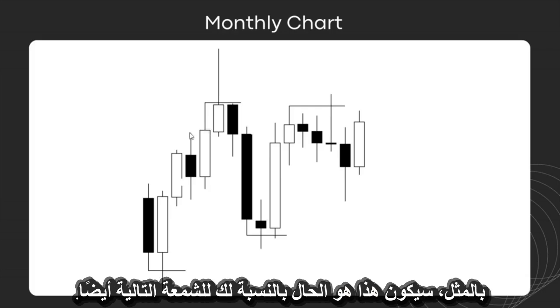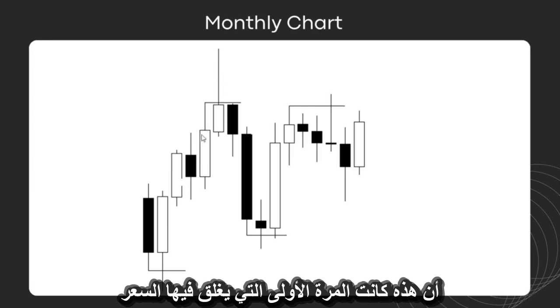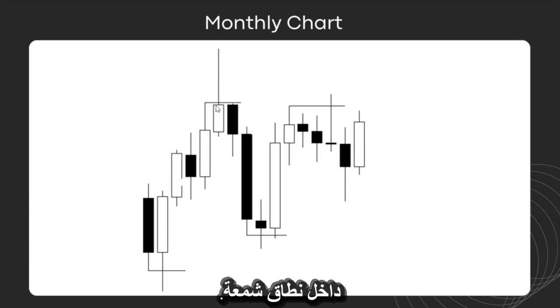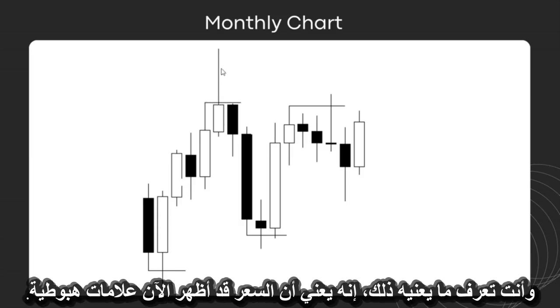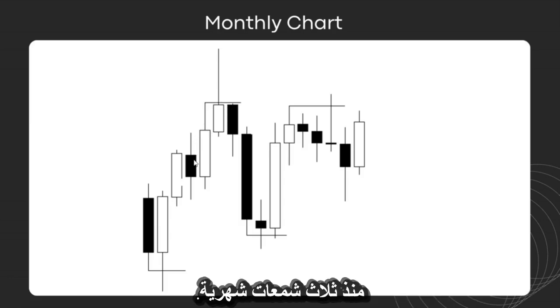Similarly, that would be the case for the next candle too, and then using the same principle, you see that this was the first time price closed inside a candle's range, right? You can see it right here, and it formed a huge wick. And you know what that means? It means that price has now shown bearish signs because first of all, it closed inside the candle for the first time since 3 monthly candles.